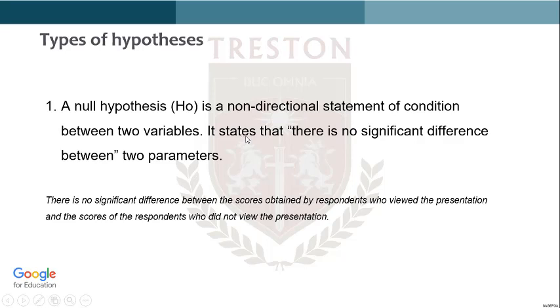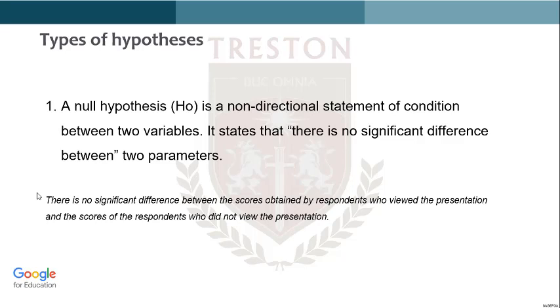It states that there is no significant difference between two parameters. For example, there is no significant difference between the scores obtained by respondents who reviewed the presentation and the scores of the respondents who did not view the presentation. So this is a negative hypothesis or a null hypothesis, negating a result.